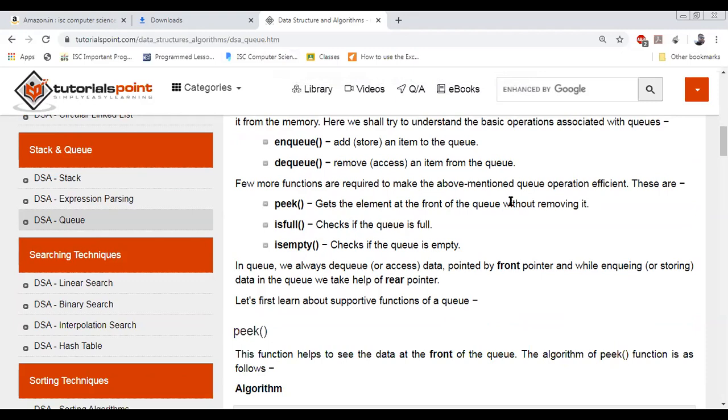So the queue has a certain capacity for storing data. You cannot store extra data. And empty is the situation where the queue is created, but it does not have any value inside it.